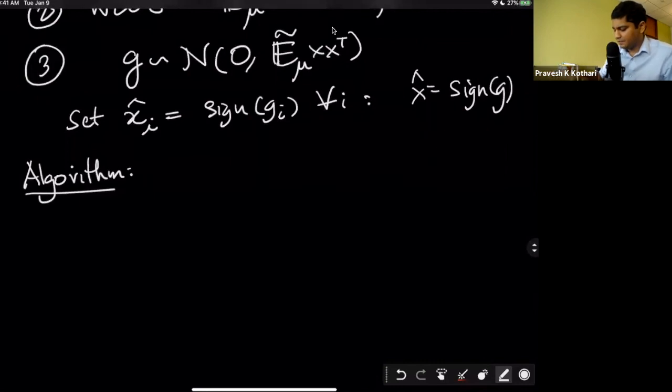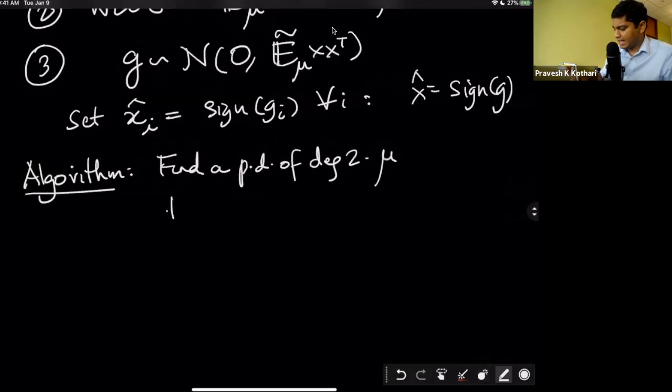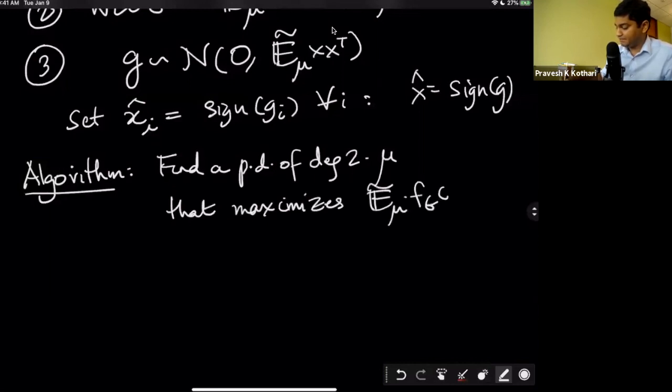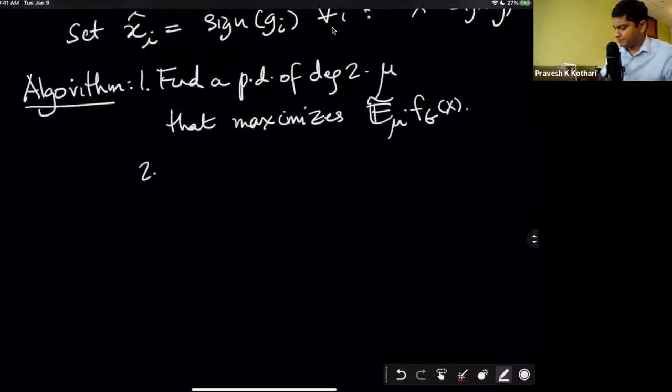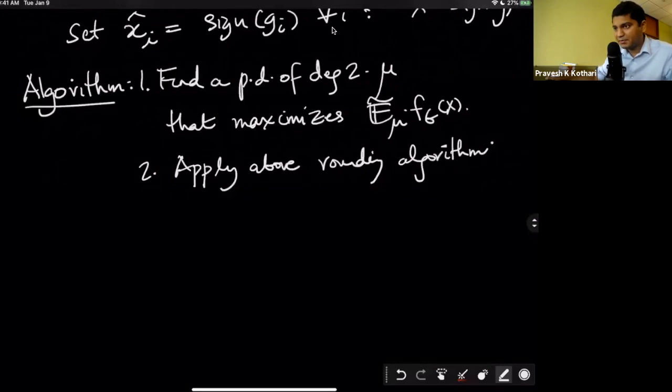Find a pseudo distribution mu of degree 2 that maximizes E_mu[f_G(x)], and then apply the above rounding algorithm. So this is the natural way to write this algorithm if you didn't care about certificates.